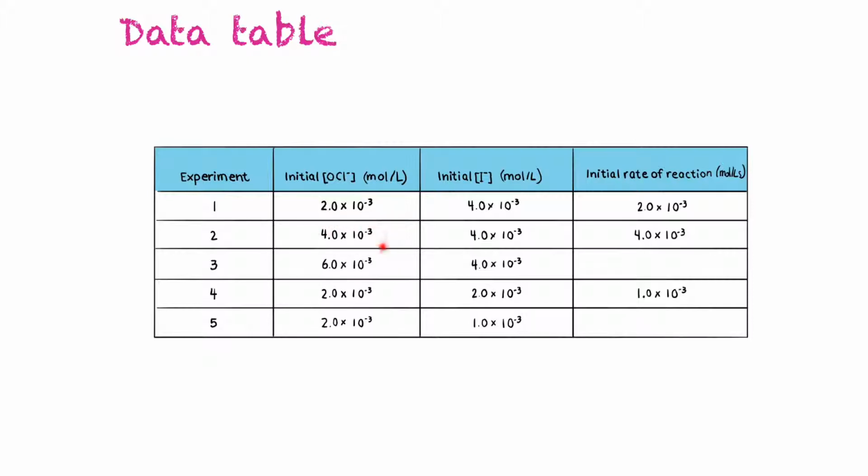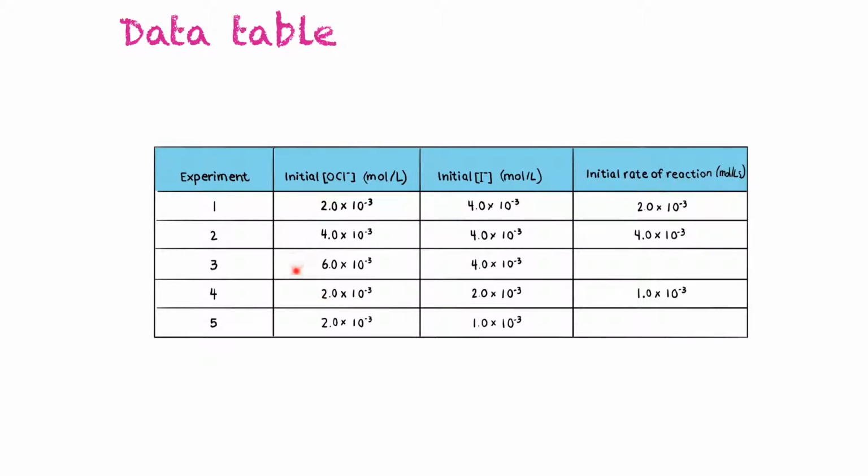So if we double the hypochlorite concentration but keep the iodide concentration the same, we can take a look and find out what effect it will have on the rate of reaction. And then we can also keep the hypochlorite concentration the same.